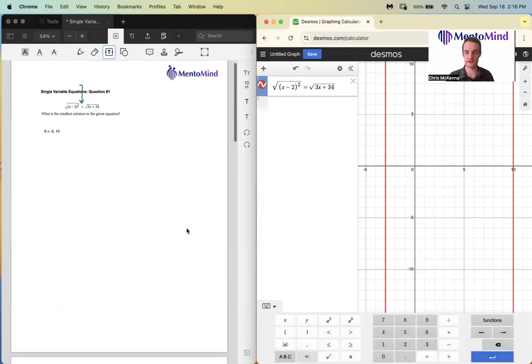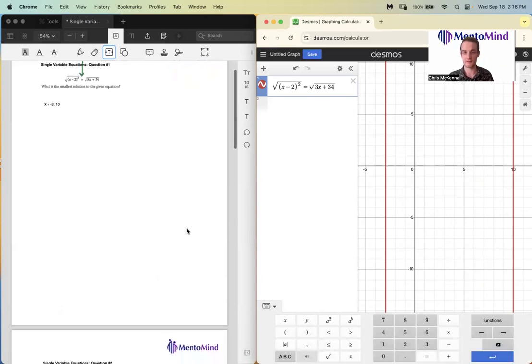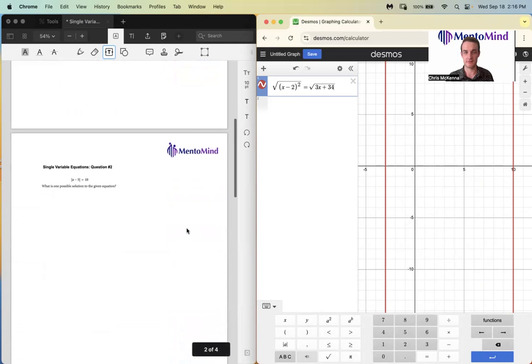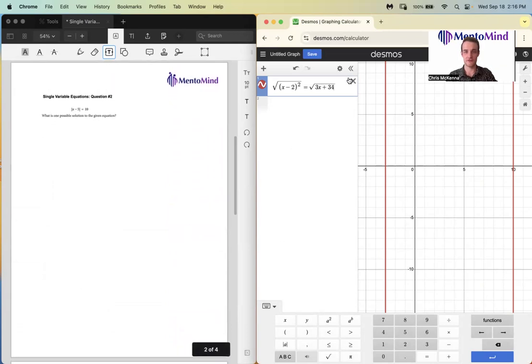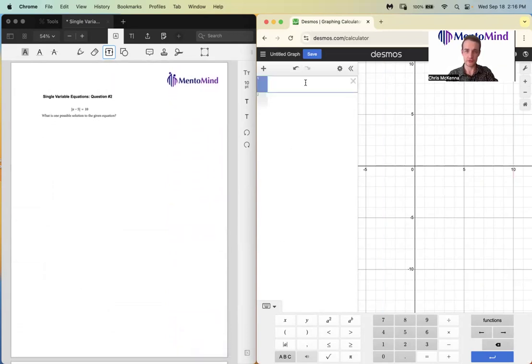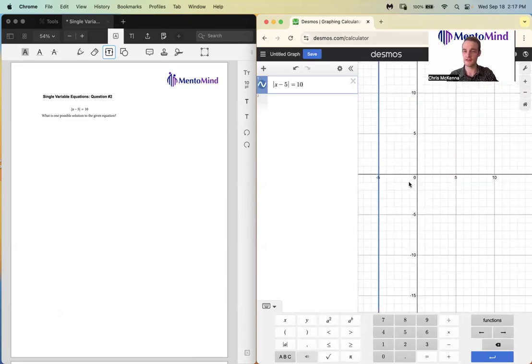So let's take a look at a few more problems. And again, these are all single variable equations solvable with a vertical line. So we can use ABS or the absolute value symbol down here, whichever you'd prefer, to generate those absolute value signs. And I'm just going to copy this equation over. The absolute value of x minus 5 is equal to 10. We should expect two vertical lines, and we have two.